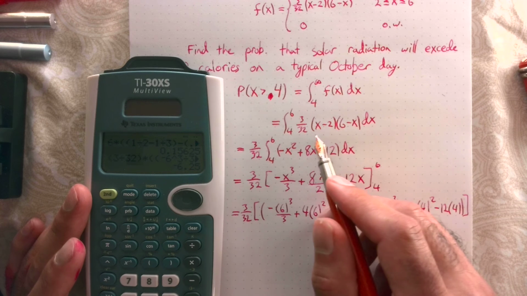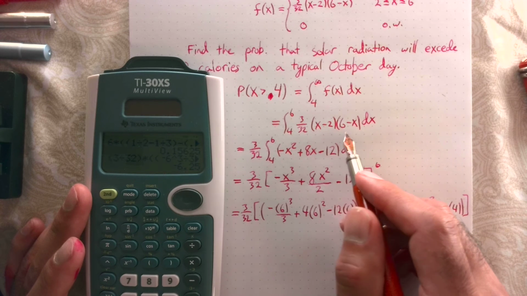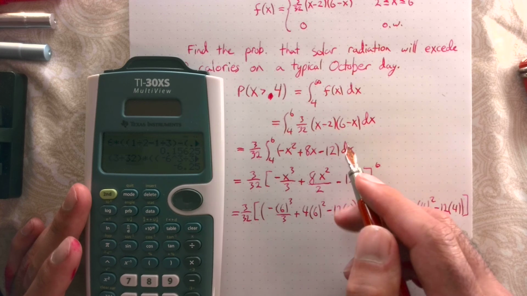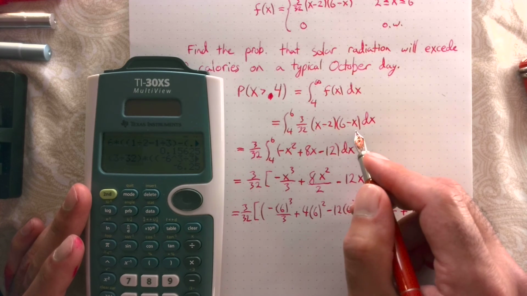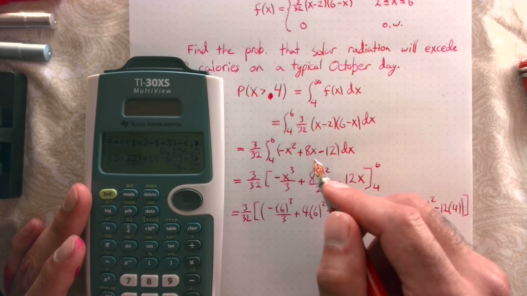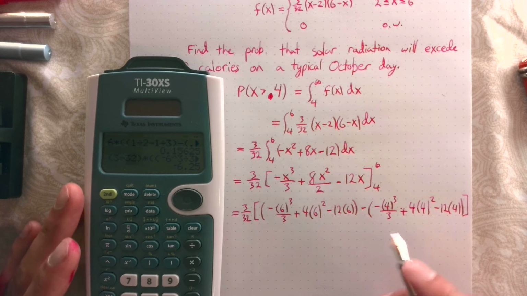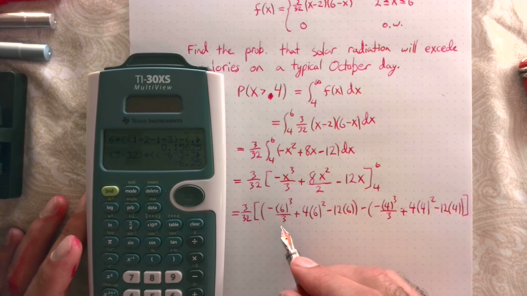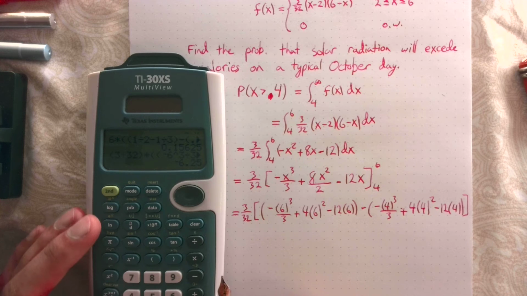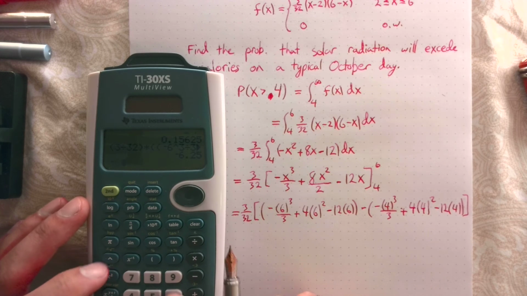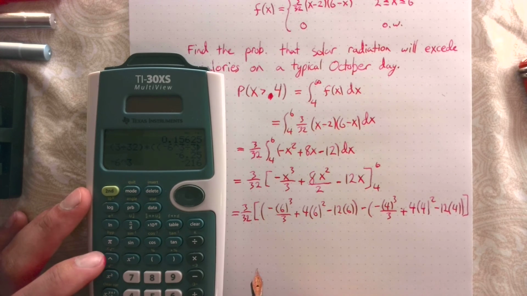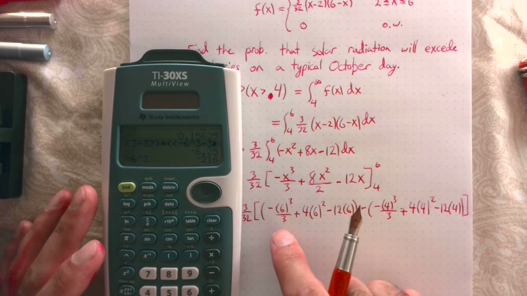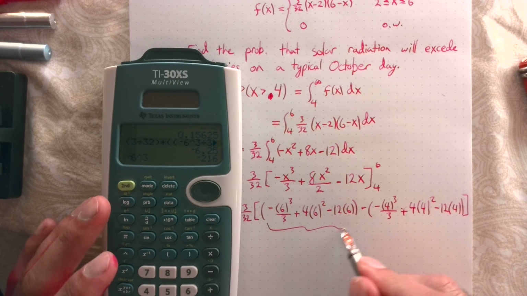Minus x squared, minus 12. So plus 2x, plus 8x, that looks good. So let's do these terms individually. So let's see if this is what we think it is. Yeah, it is. So let's do this term here.